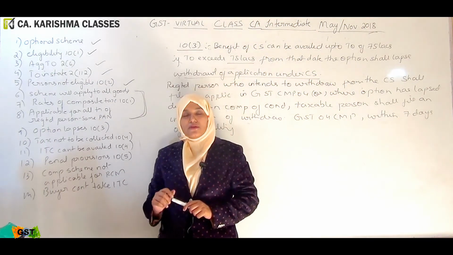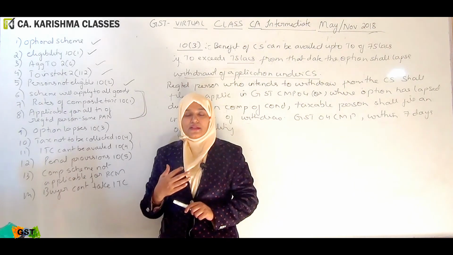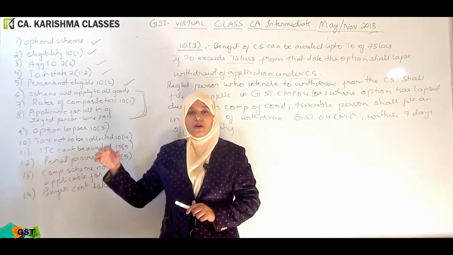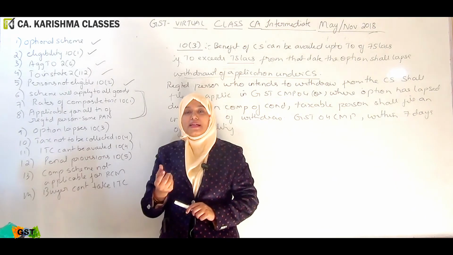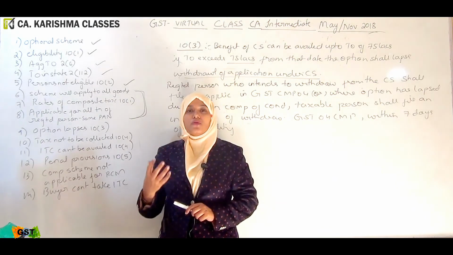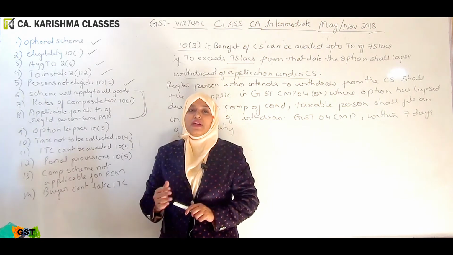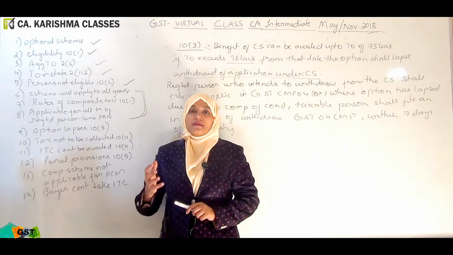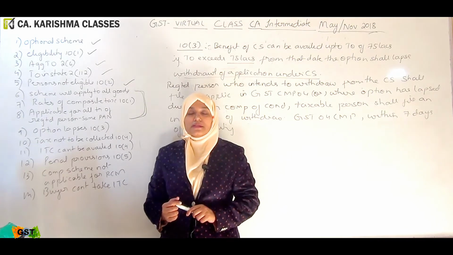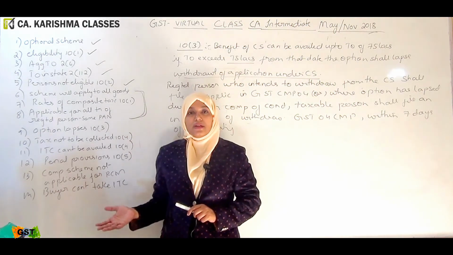That is the reason, people like us and consumers, when we are buying goods from a composition supplier, the price at which we buy is a lower price. The reason being, first of all, they have not levied tax. Second, if we buy from a regular supplier, he would levy tax at regular rates.